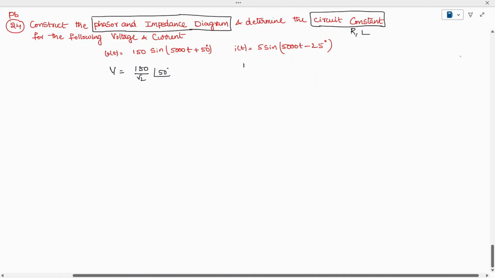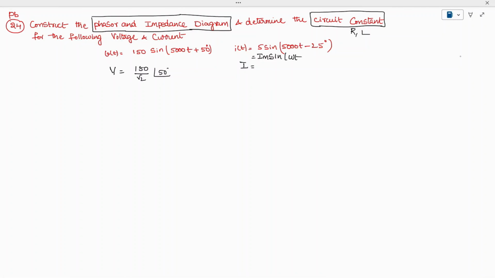Here the RMS current I: you can see this is the standard format, I maximum sine of omega t minus phi. When you compare, this is the maximum value, so it is 5 divided by root 2 with an angle of phi. That phi value is minus 25 degrees.